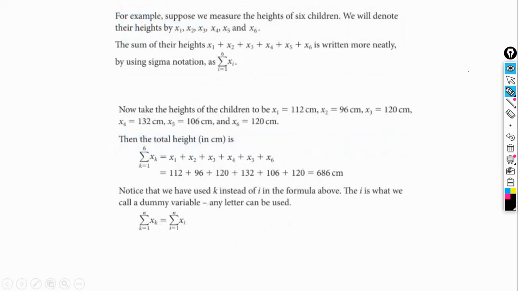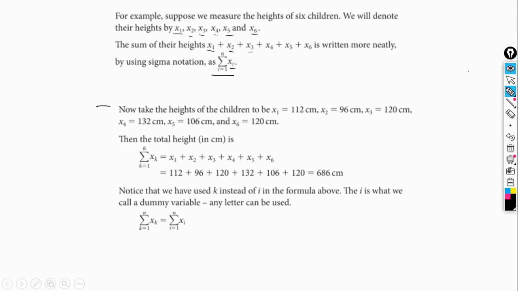For example, suppose we measure the heights of 6 children. We will denote their heights by x1, x2, x3, x4, x5, and x6. The sum of their heights would be x1 plus x2 plus x3, etc., but it is written more neatly using sigma notation. This would be the sum from i equals 1 to 6 of x sub i.